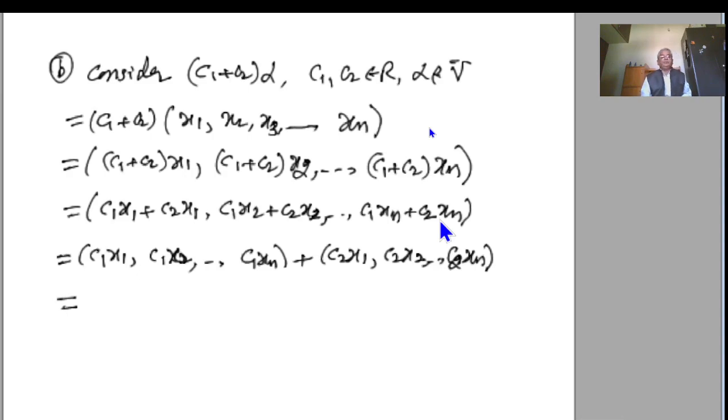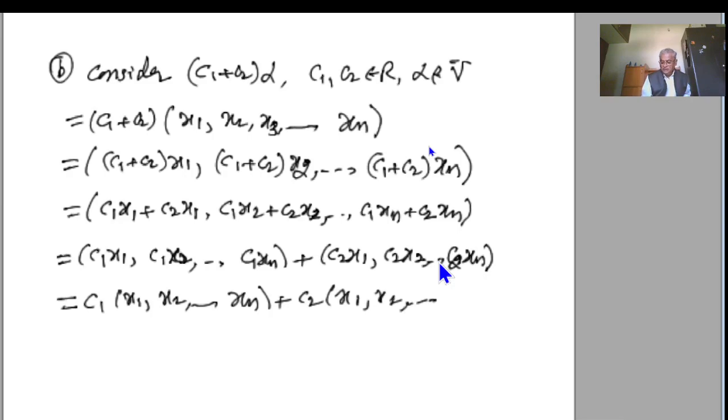This is equal to, taking c1 outside, c1 into (x1, x2, xn) plus, taking c2 outside, c2 into (x1, x2, xn). And what is (x1, x2, xn)? This is nothing but alpha.